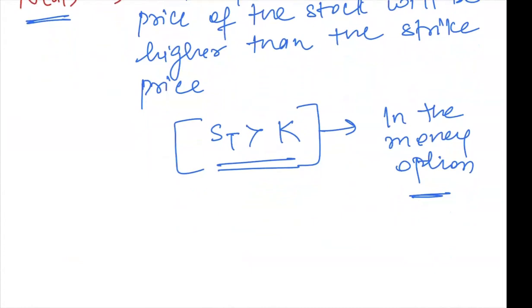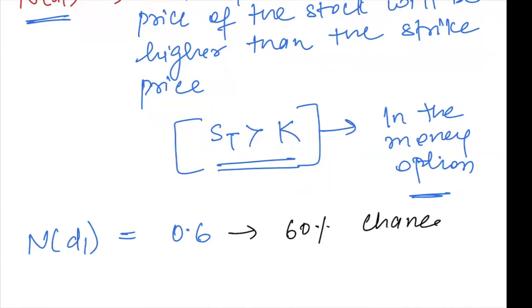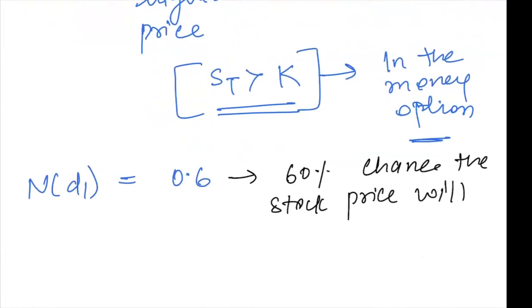So let's say ND1 is 0.6. What it basically means is there is a 60% chance that the stock price will be higher than the strike price.